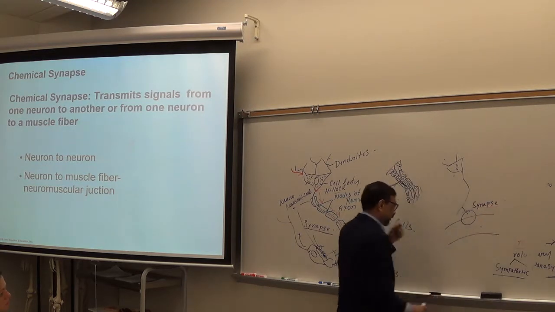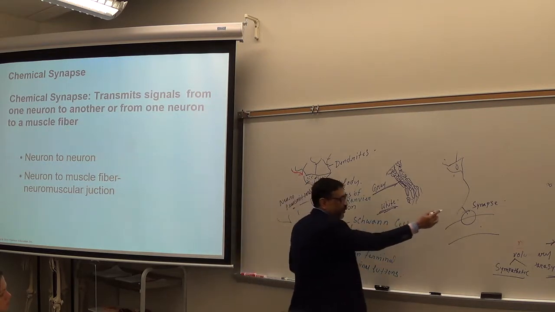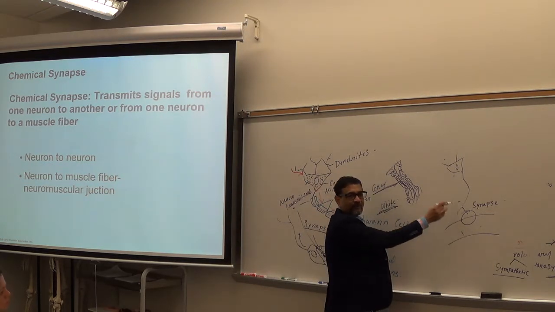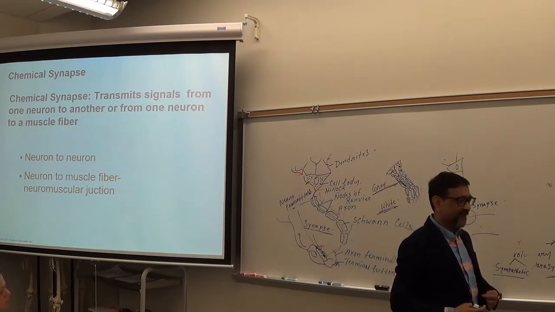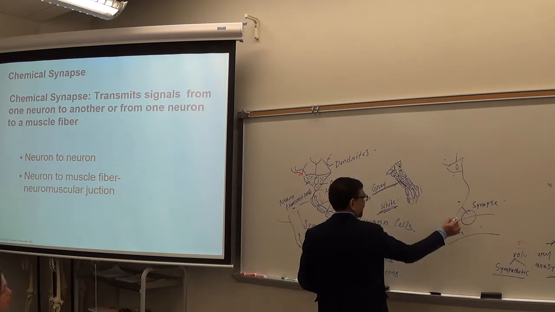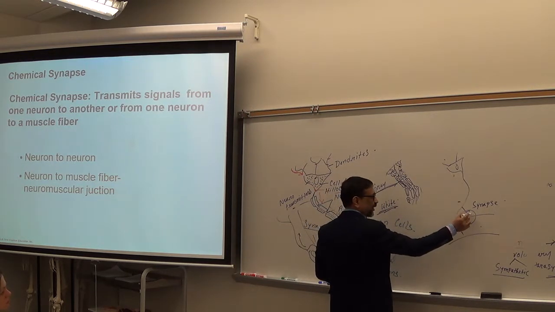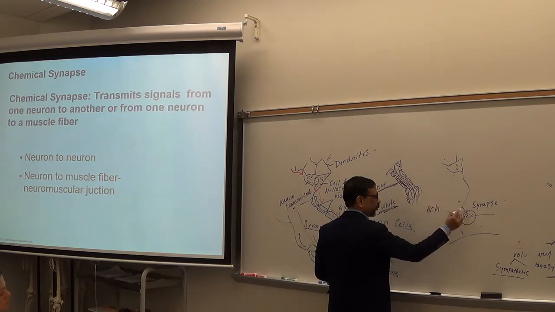So, there are two types of synapse. You see, neuron to neuron and neuron to what? Muscle. Is it clear? So, neuron to muscle is neuromuscular junction. And you already know acetylcholine is the neurotransmitter released here, for neuron to muscle.